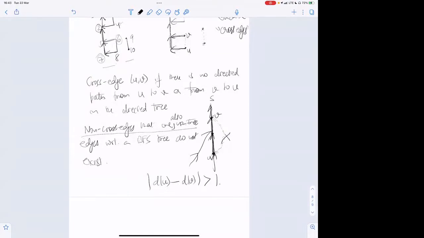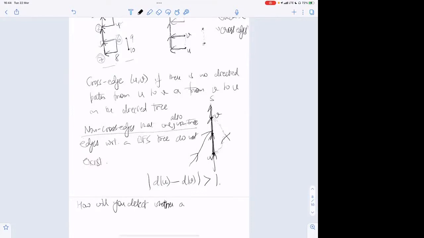How will you detect that? An edge will occur more than once? Yes, but there's a simpler way to do that.